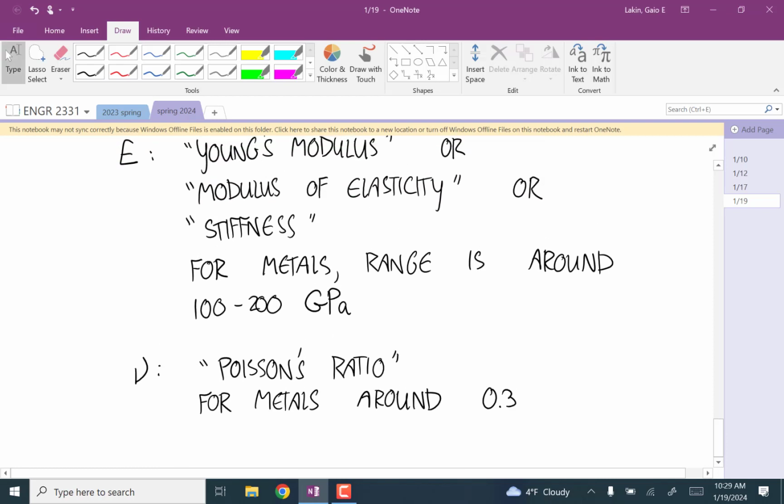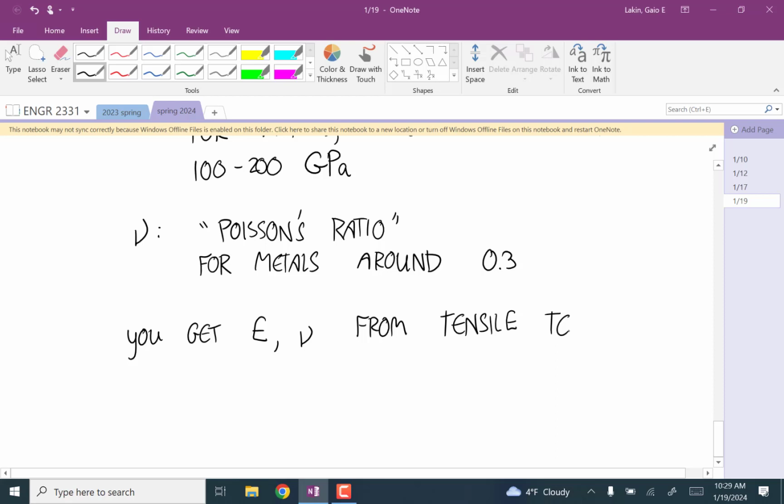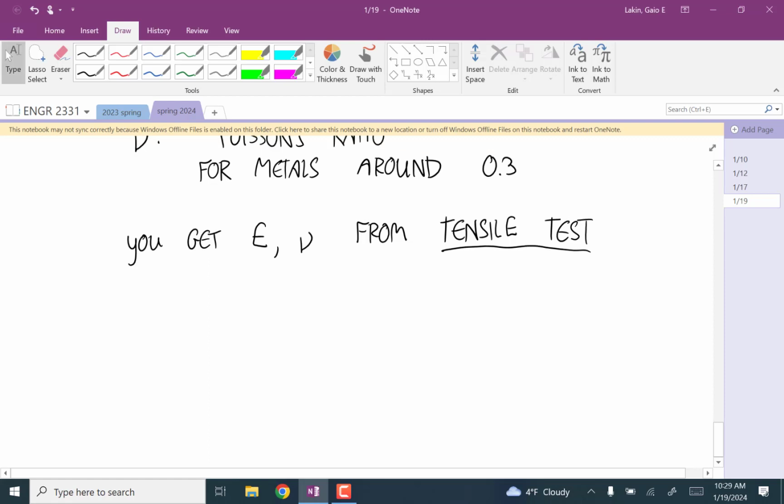To find these values for the material that you want to do simulations for, you get the stiffness and the Poisson's ratio from a tensile test. The way a tensile test works is you make some uniform piece of material like this, usually a rectangular strip, and you put it between two very strong clamps.